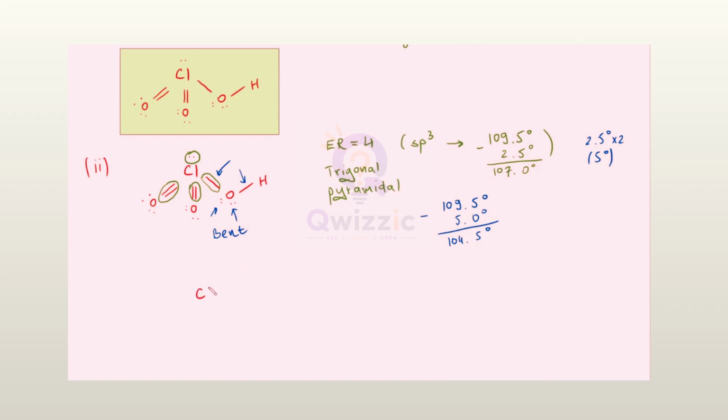So we have our chloro group. Actually, we have our central chlorine atom, double bonded to 2 oxygen atoms. We want to make sure that we draw a trigonal pyramidal geometry.